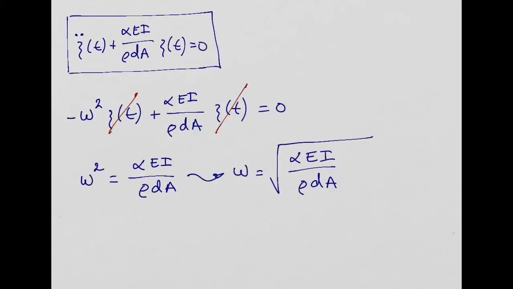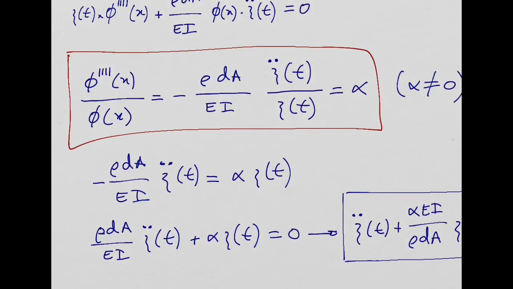So we are going to assume a solution in this form for phi of x: d1 sine of our constant alpha times x. This constant alpha is this one here.